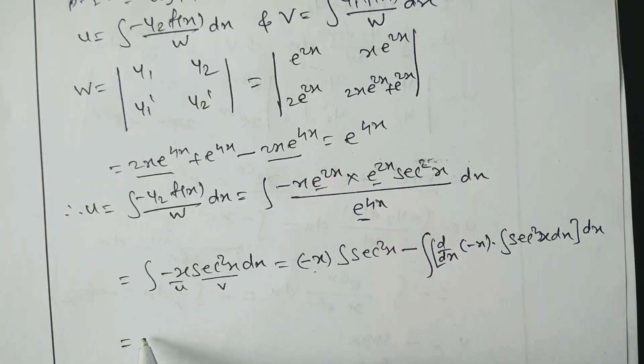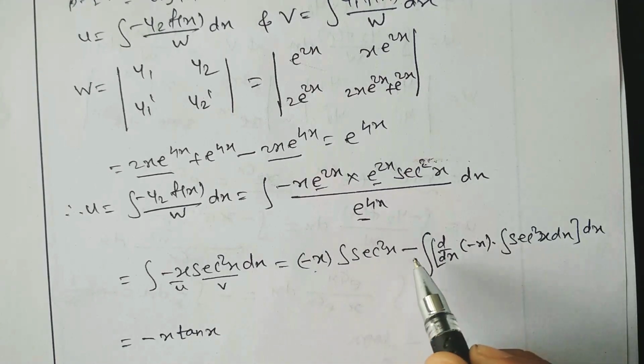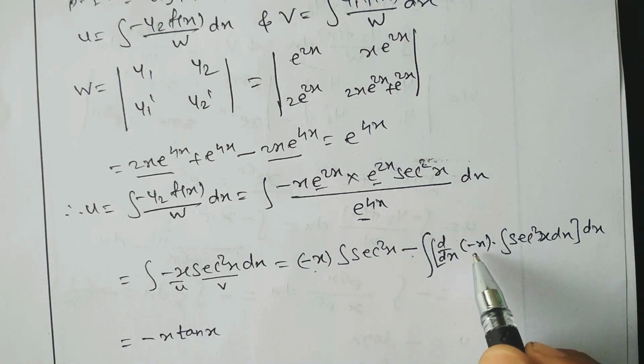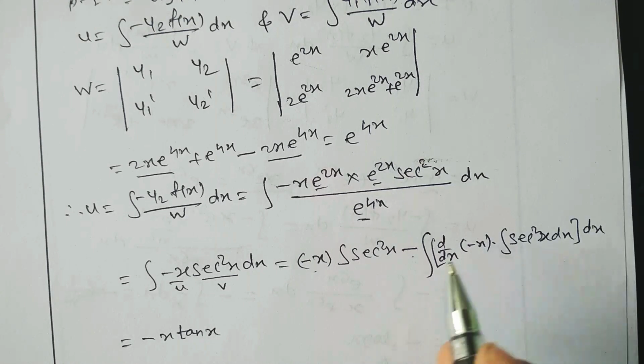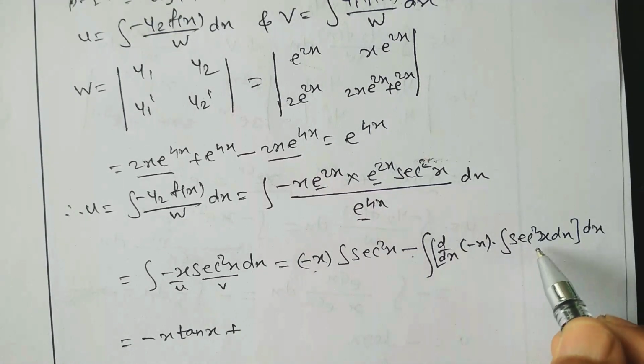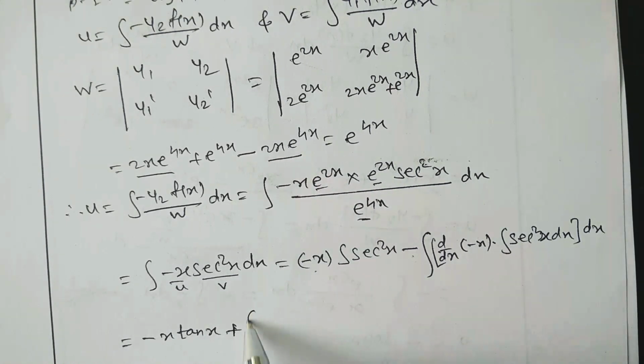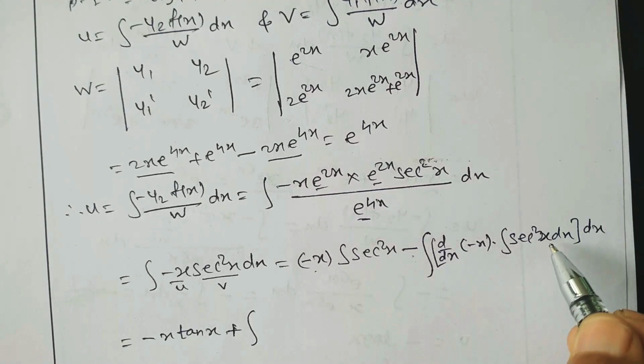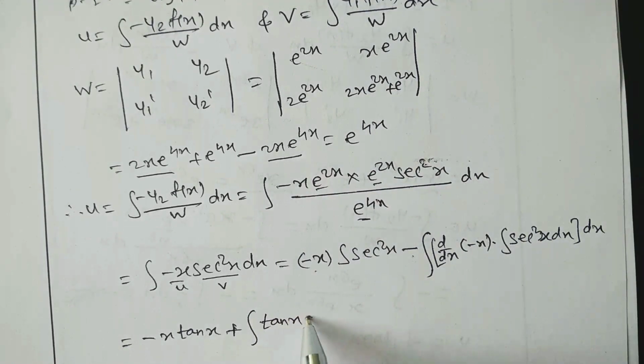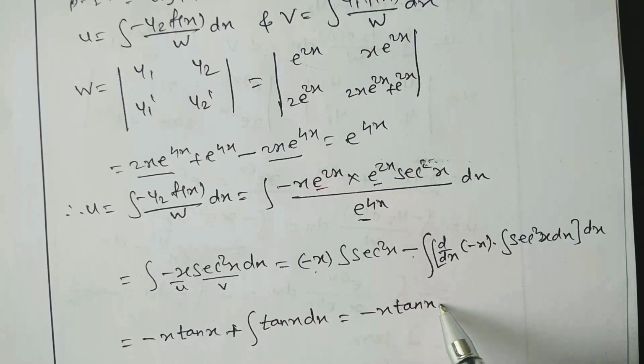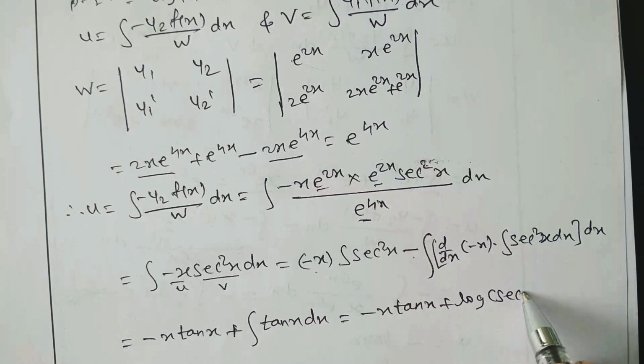So we will get here minus x tan x. Then this minus and the derivative of minus x, which is minus 1, so minus minus plus, the integration of tan x dx. This is equal to minus x tan x, and the integration of tan is log of sec x. This is the value of u.